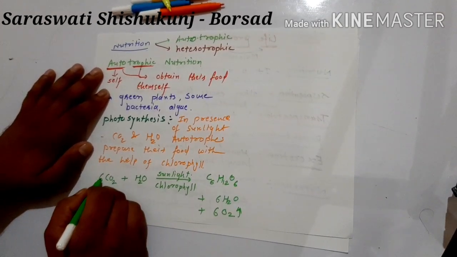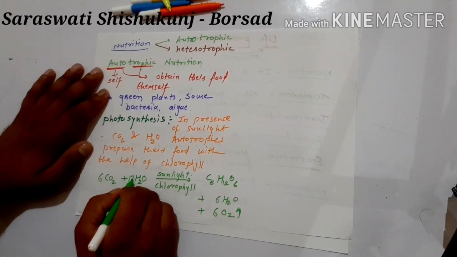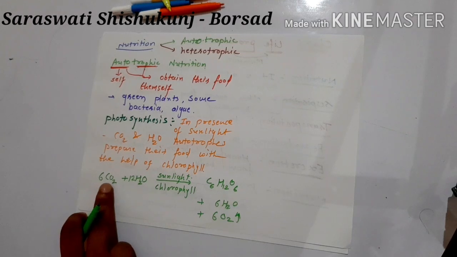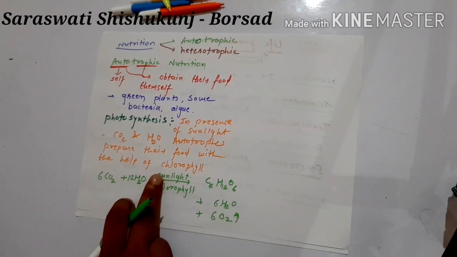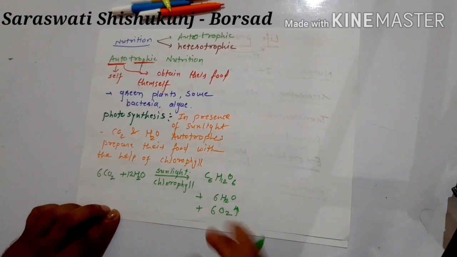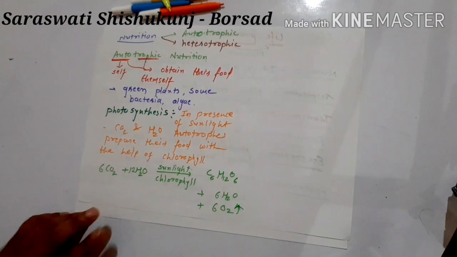So photosynthesis is done by using carbon dioxide and water in presence of sunlight and chlorophyll. We will get glucose plus water, and oxygen gas is going to get released.